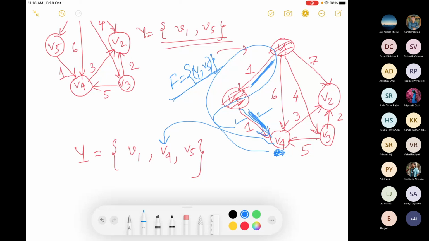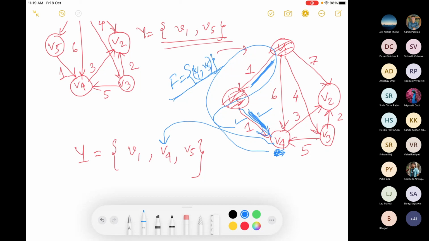Which edge is touching any one of these vertices, of minimum weight? That's why we are not talking of direction here.